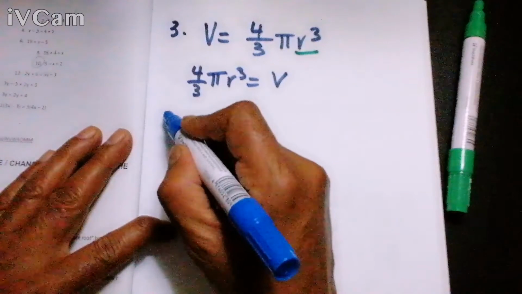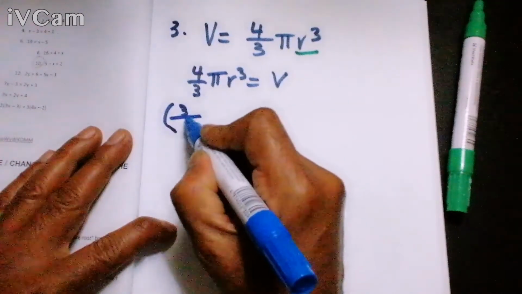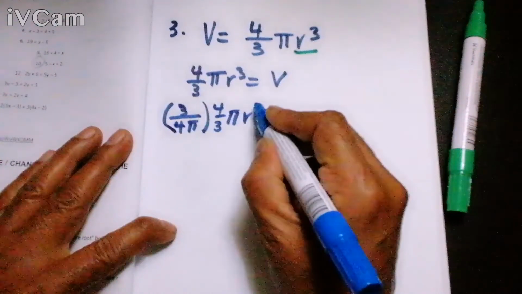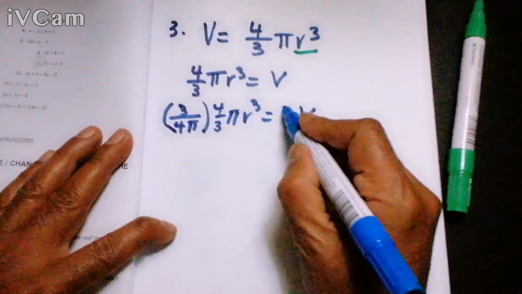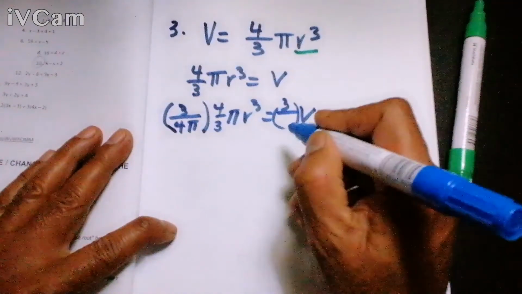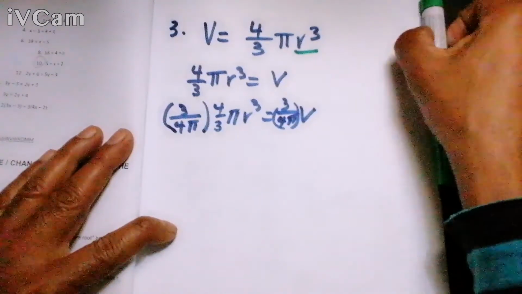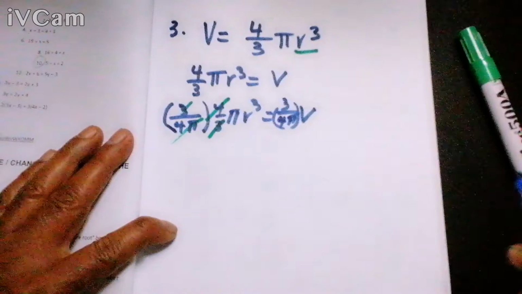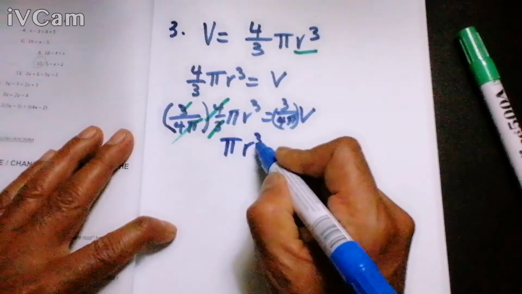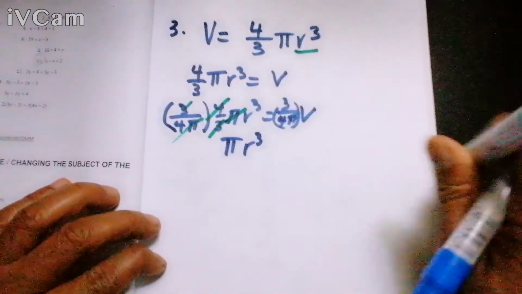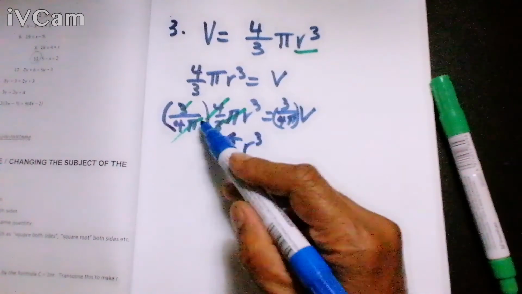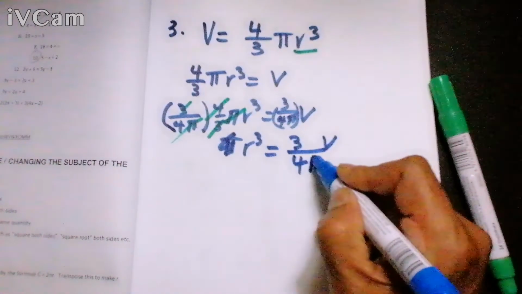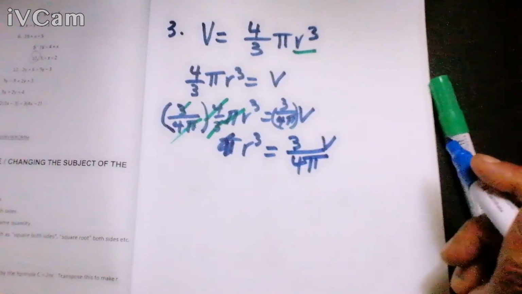So what would happen here is that the 3 will cancel and the 4 pi will cancel, and I'm left with r cubed, the pi is out because we have now also cancelled the pi, is equal to 3v over 4 pi. And we have r cubed.